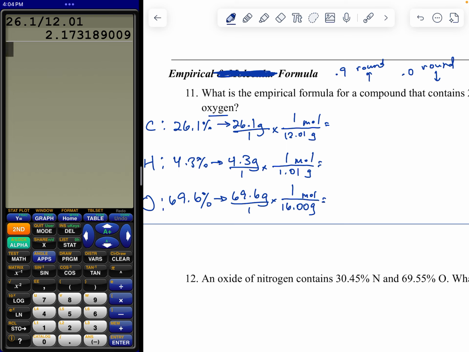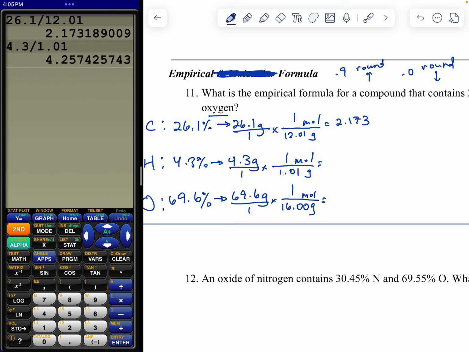Because if you round too soon, you start to cut off your ratios and your numbers don't start to be as nice and you start running into some problems. So I'm going to say that this is 2.173 moles of carbon.